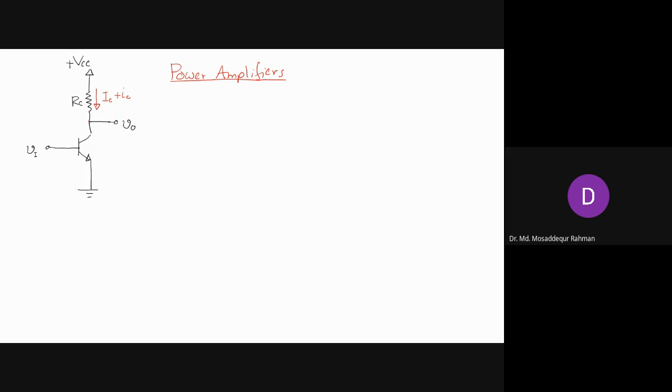And this is the collector terminal, where we have the DC collector voltage, VC, as well as our small signal collector voltage represented by small v, c. And this is our base to emitter terminal, where we have the forward bias DC base to emitter voltage. In addition, we have the small signal base to emitter voltage. So this is how we can represent the different current and voltage components of this circuit.